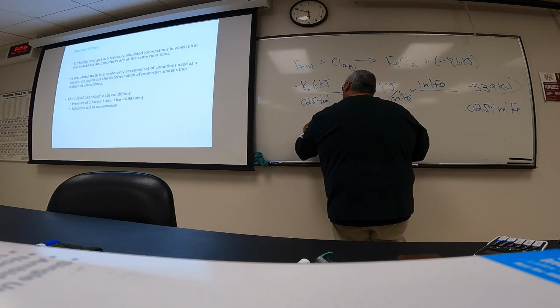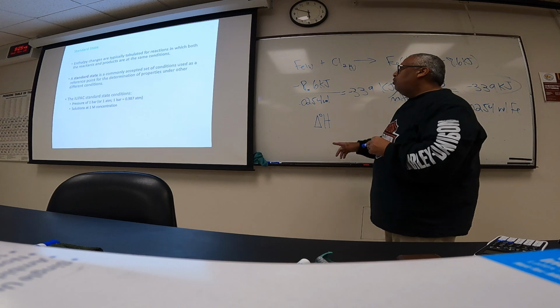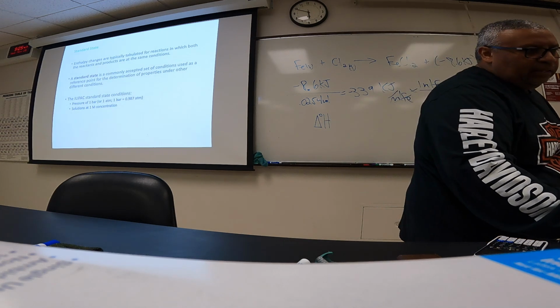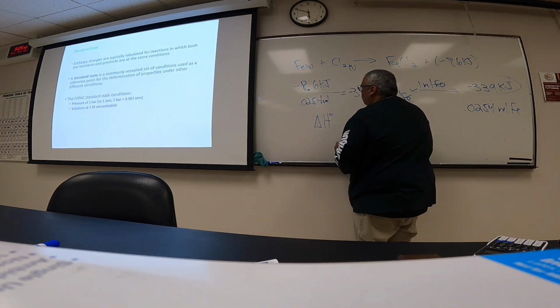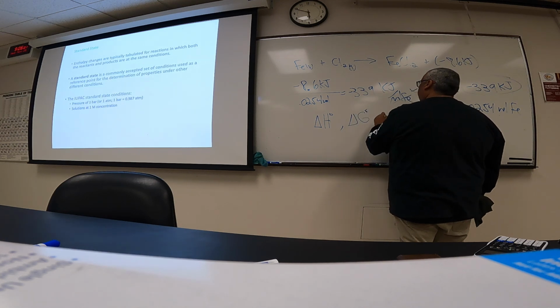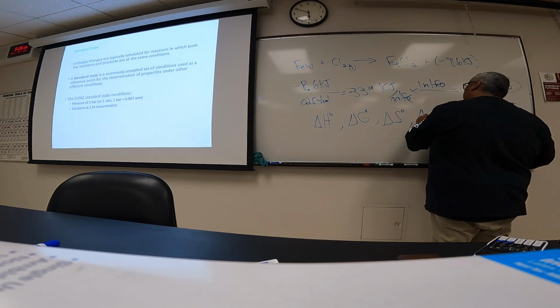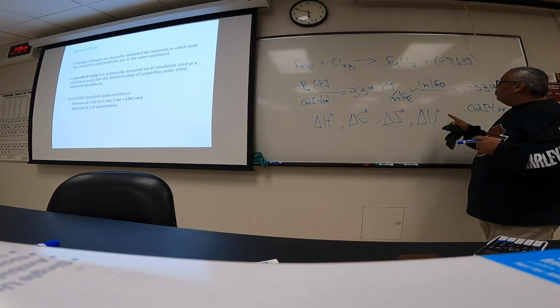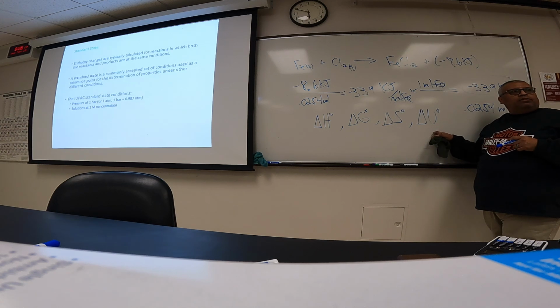So if we're asking for the change in enthalpy, as long as we see that little mark, whether it's on enthalpy, free energy, entropy, or internal energy, it represents that it's done at standard temperature and pressure.